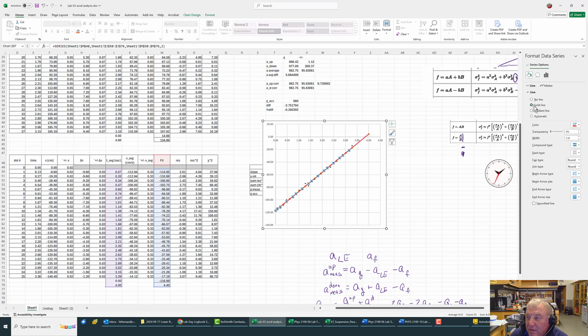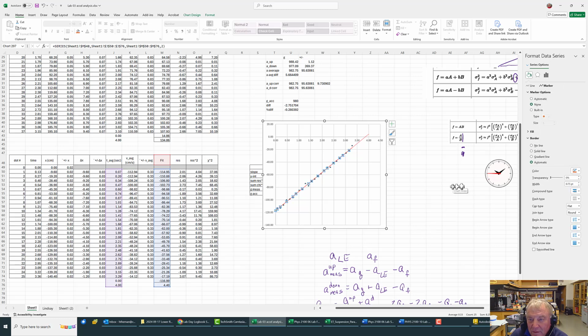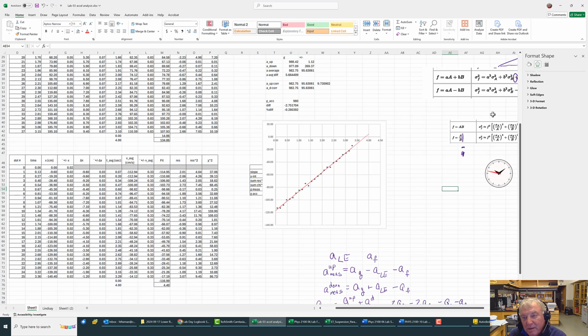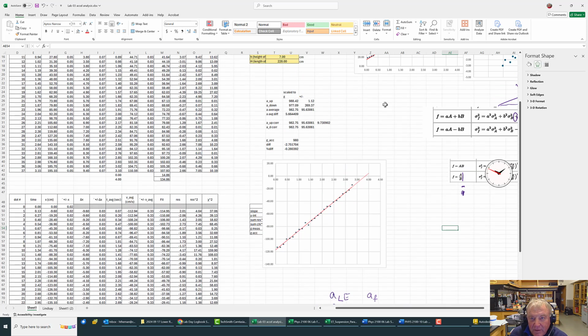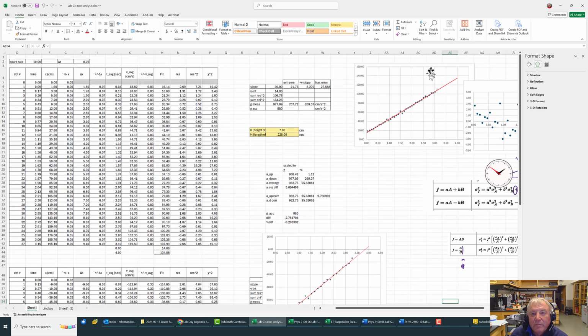And I'm going to say solid line. I'll make it thin. And then marker option, none. And there we go. Beautiful fit line. Great.